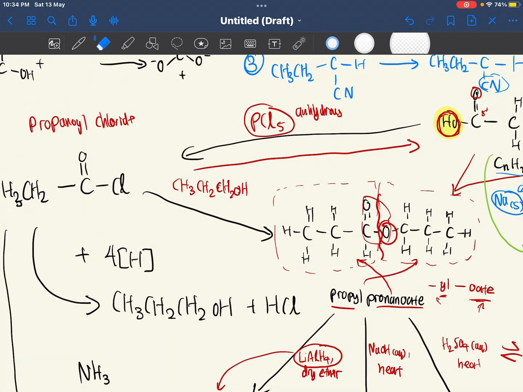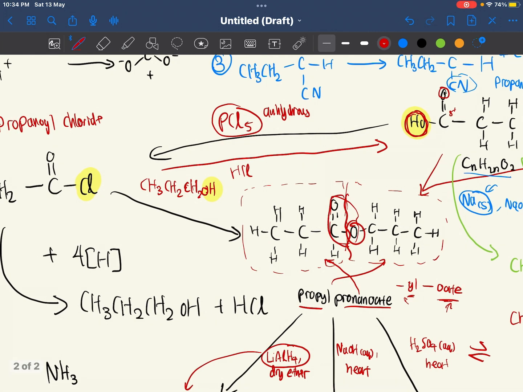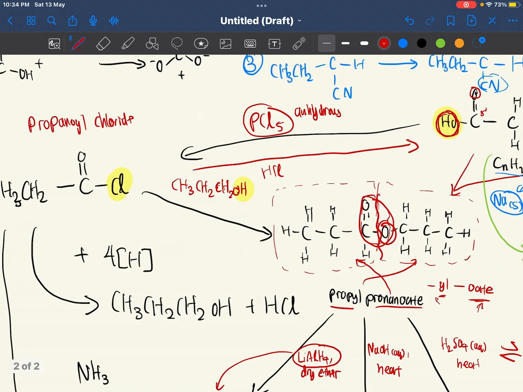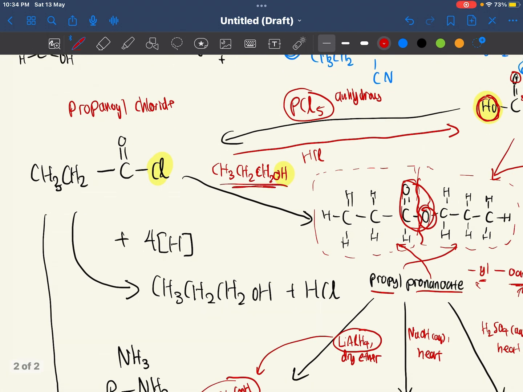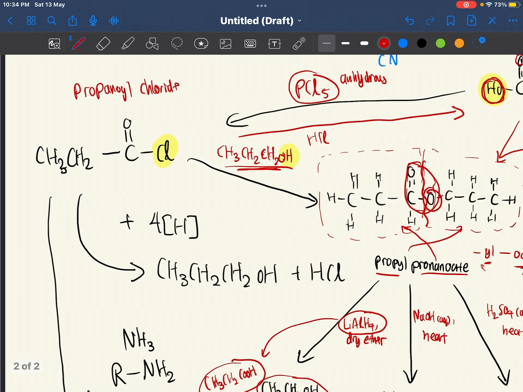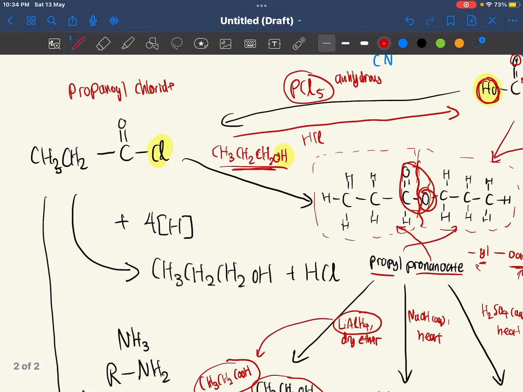We highlight the Cl and a hydrogen atom, which will be eliminated as HCl, and the ester bond will form. This is the OCO. So we just need to add our alcohol here. We don't need any heat or any catalyst whatsoever, because by nature you should know that acyl chlorides are very, very reactive.